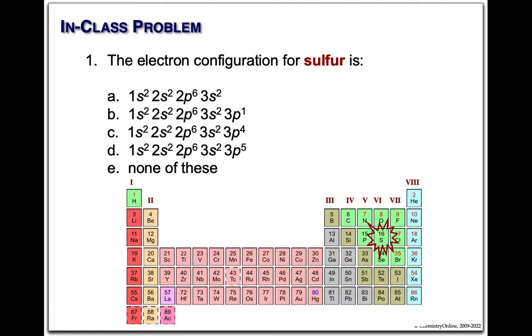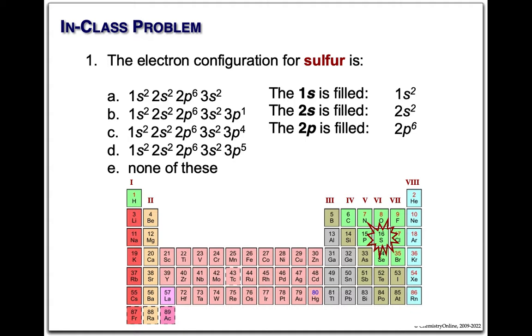That means that the first energy level is 2. We write that simply as 1s2. Second energy level, we have 2 electrons in the s, and we have 1, 2, 3, 4, 5, 6 in the p orbital. Third energy level, first 2 electrons go in the 3s.